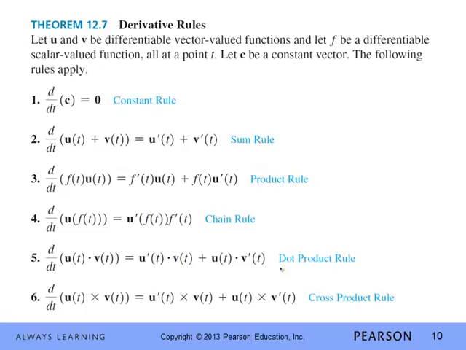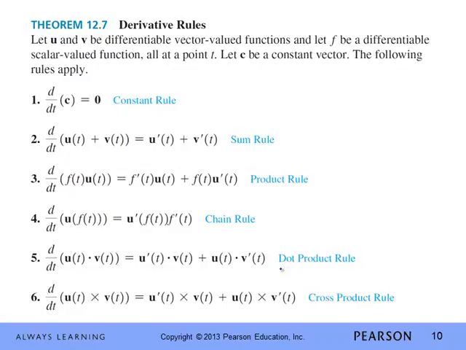All right, here is kind of a laundry list of some properties and rules for taking the derivative. You'll have a chance to practice these on the homework. But first of all, the derivative of a constant vector is a zero vector.